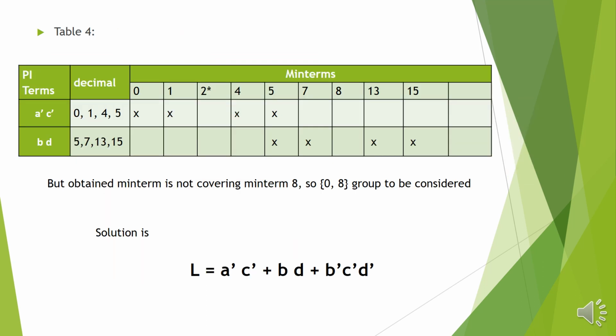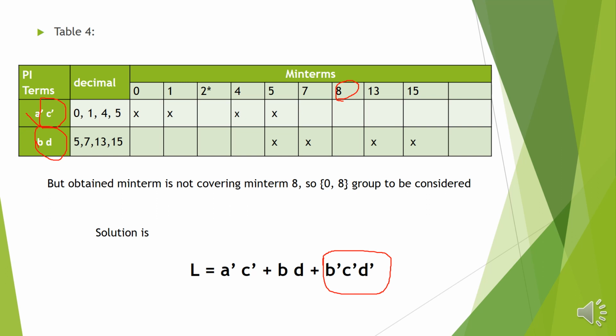You can do that. So A bar C bar, which covers 0, 1, 4, 5, and B D, which covers 5, 7, 13, 15, which we already saw, right? Then 8 is not covered, but we looked at the previous table, and B bar C bar D bar covers the group 0 and 8, which covers the given minterms.